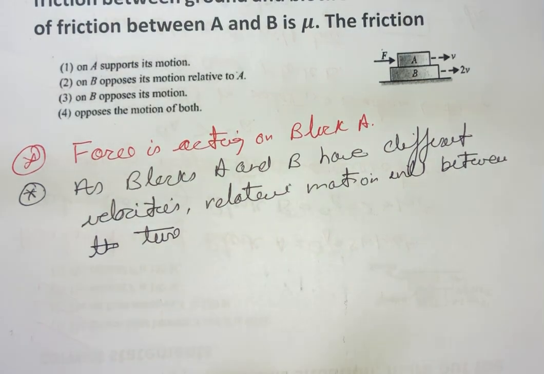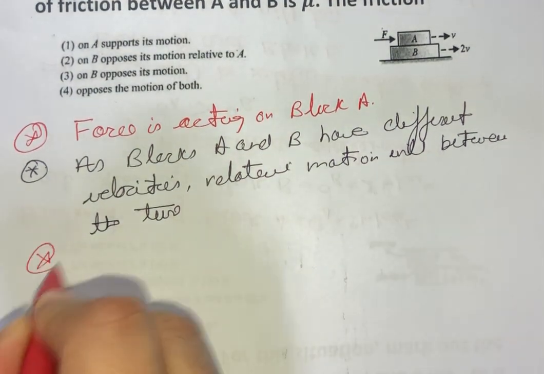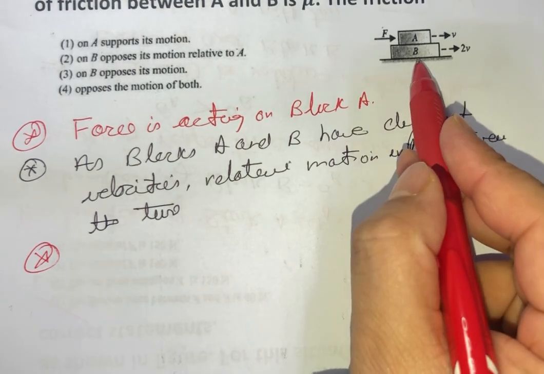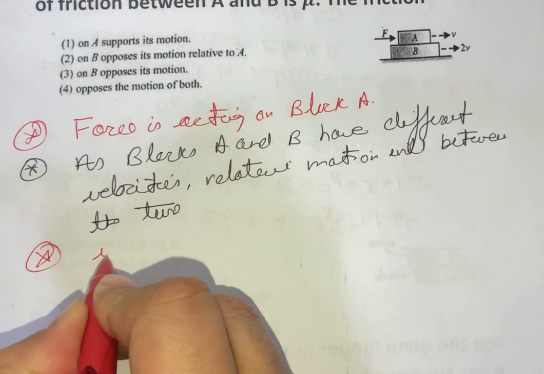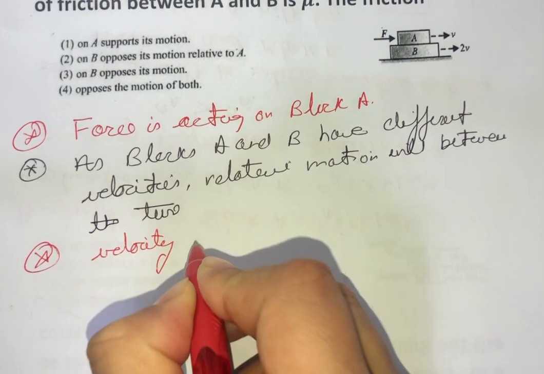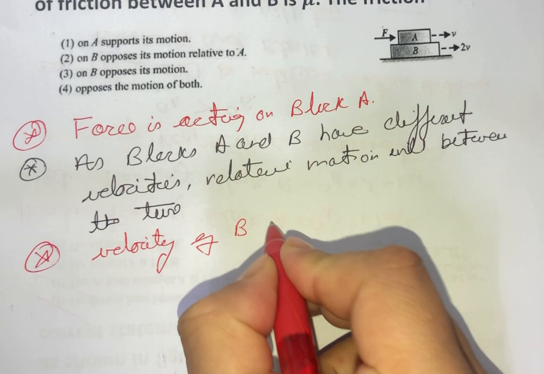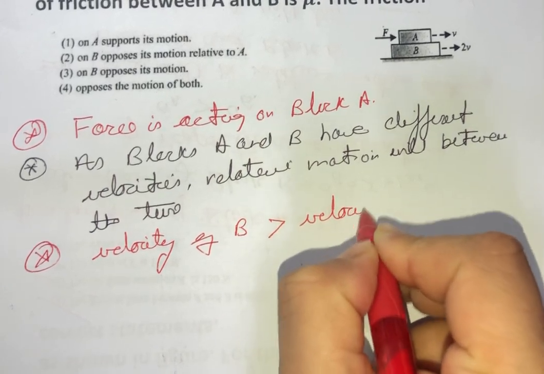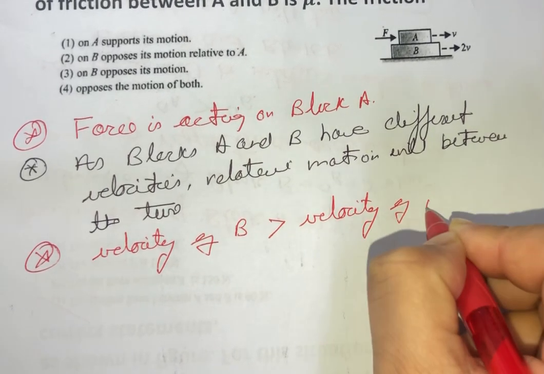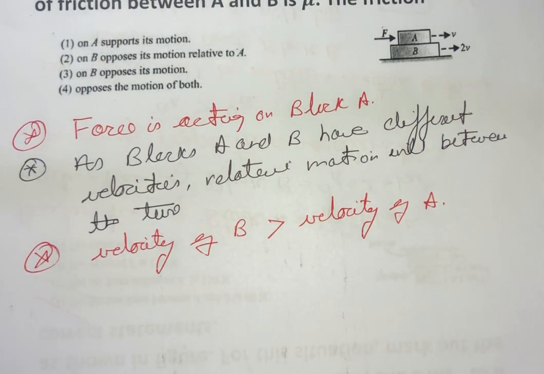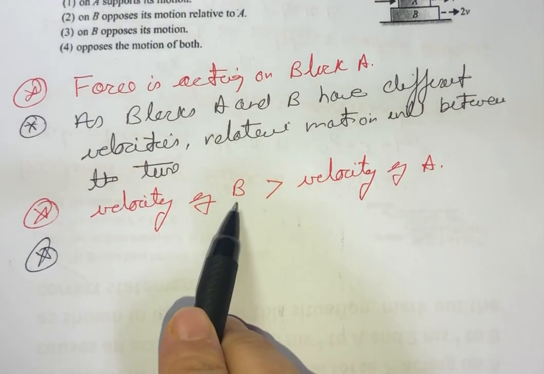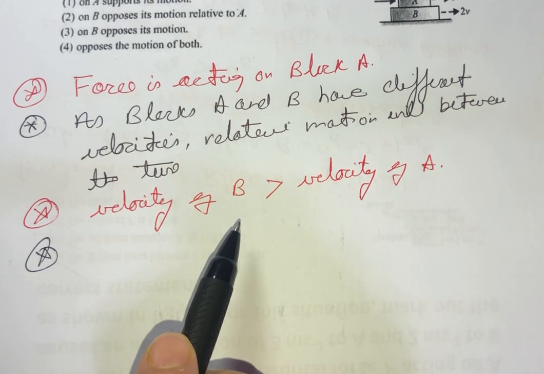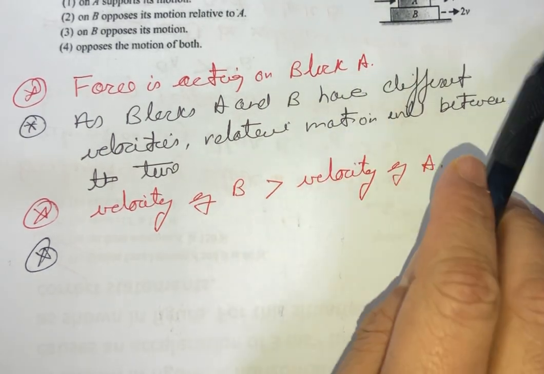And it is given that velocity of B is greater than velocity of A. And because of that, block B will try to move block A along with it.